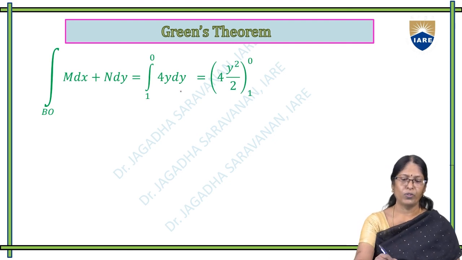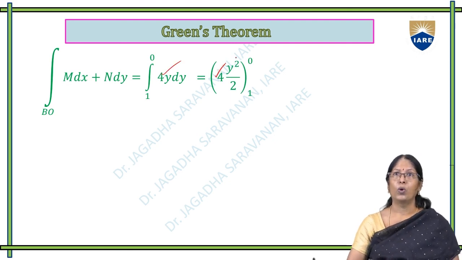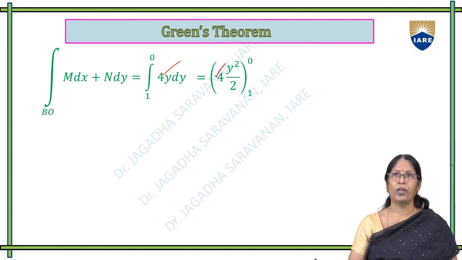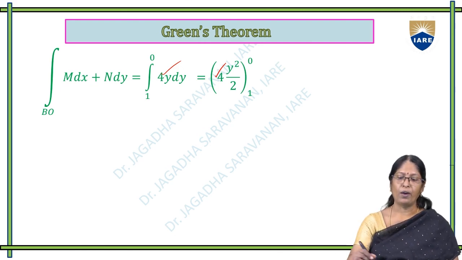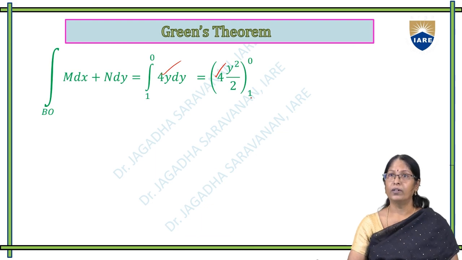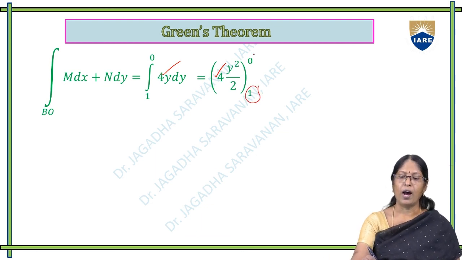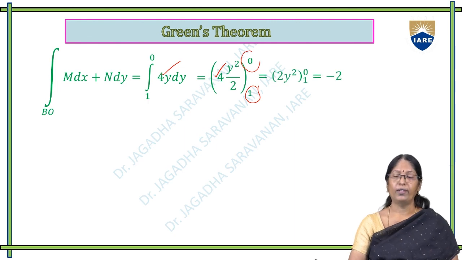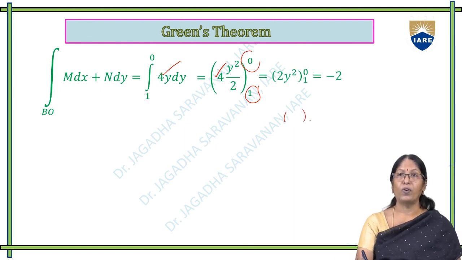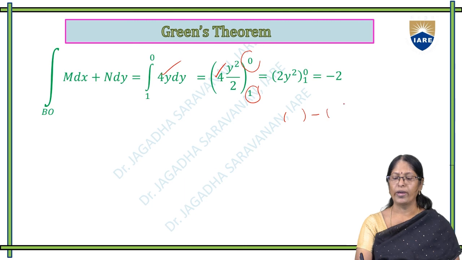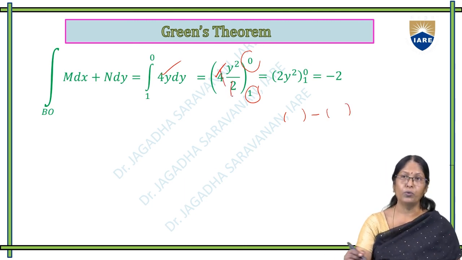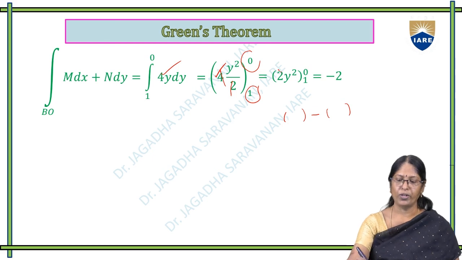So the 4 is written as it is, whereas the integral of y is nothing but y square by 2. So we have to do from the lower limit 1 to the upper limit 0. So we know the formula, that is upper limit value minus lower limit value. Here this 4 and 2 simplifying, we got 2.